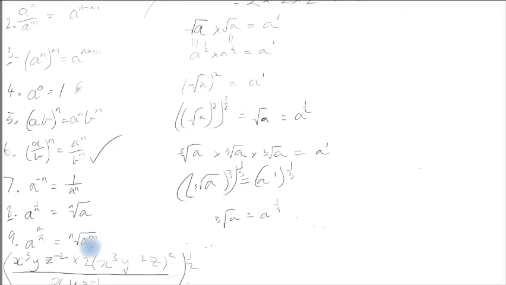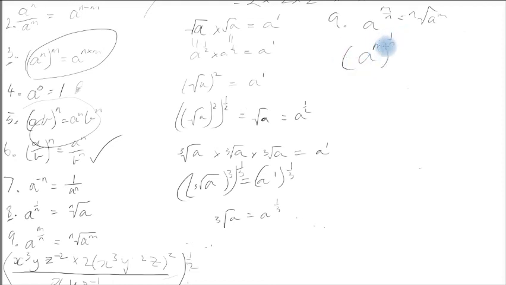Okay, rule number 9, this very last one here, that says a^(m/n) equals the nth root of a^m. It's just a combination of rule number 3 and, hang on a sec, maybe I meant rule number 5 and rule number 8, the one we've just done. So you can just write this as a^m, all to the power of 1 over n.